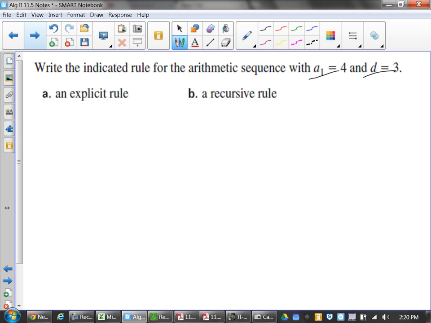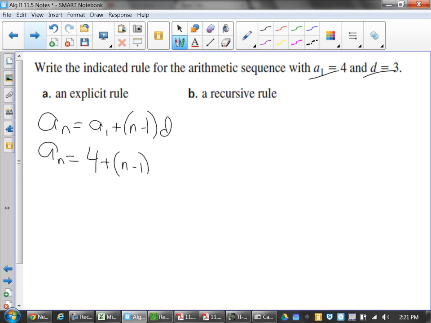So we start by writing out the generic. Your a sub n, your first term plus n minus 1 times your difference. You guys are good at this. Substitution, combine like terms. Okay? Your nth rule, first term, n minus 1 times your difference of 3.